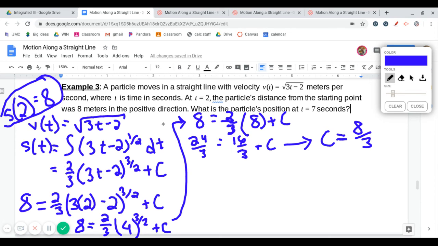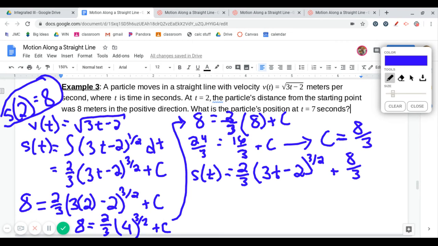Now, our position function, s of t, equals 2/3 times 3t minus 2 to the 3/2 plus our constant, which we found out was 8/3. Now, if we want to know the particle's position at t equals 7, we find s of 7.